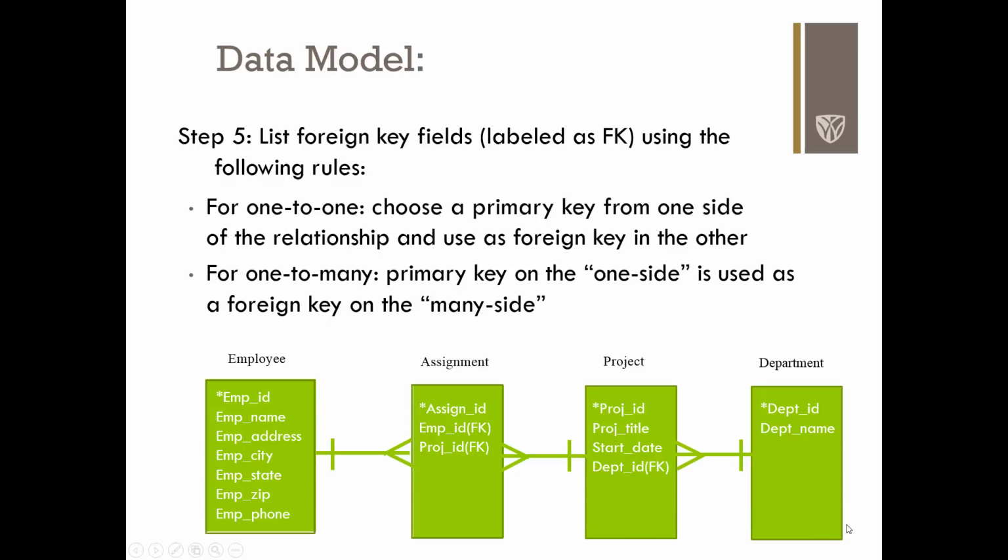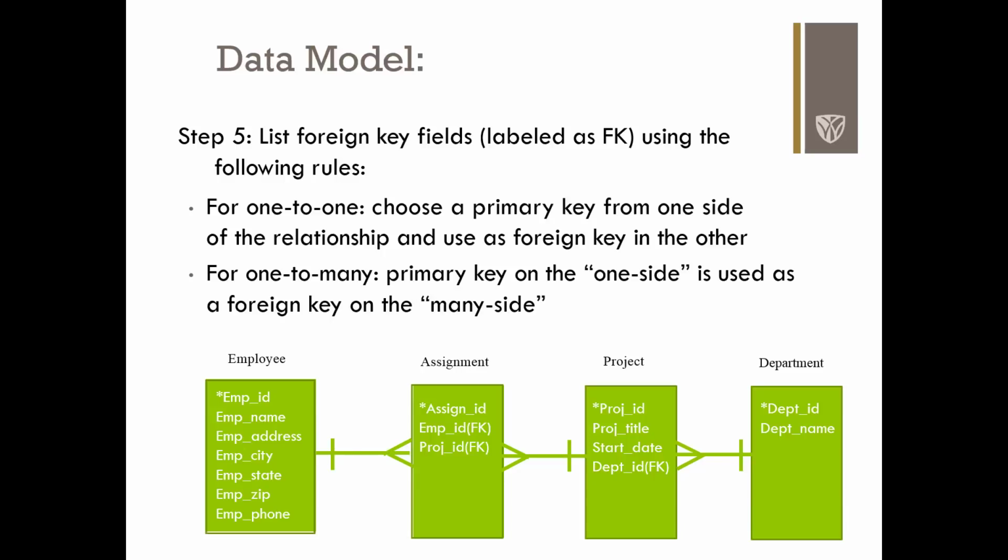So here's the way we do this. We're going to label our foreign keys. In this case, we'll just put an FK behind them to indicate which they are. When you have a one-to-many relationship, you take the primary key from the one side of the relationship and you add it as a foreign key on the many side of the relationship.